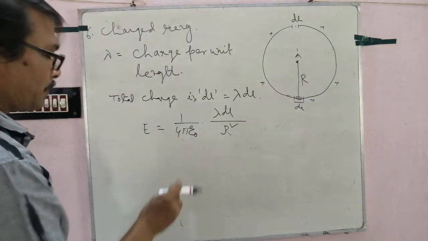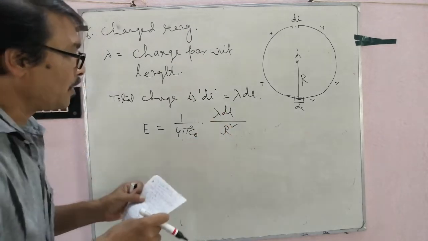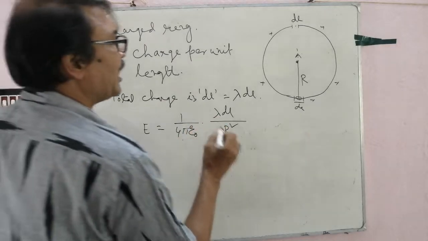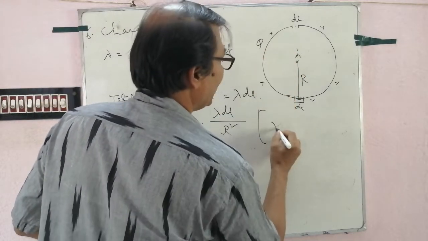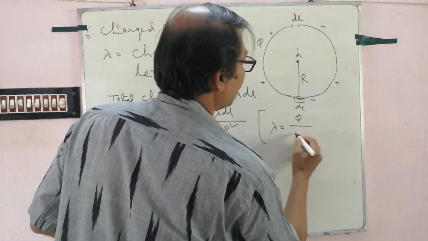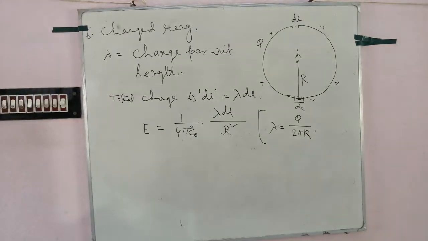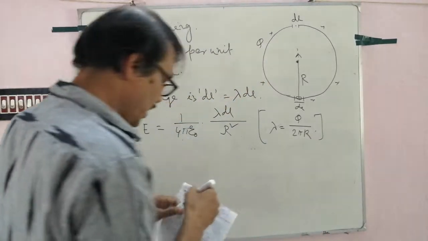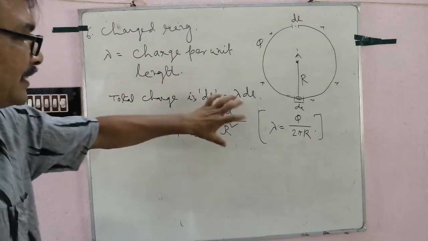So the field equals 1 by 4 pi epsilon naught, lambda dl by r square. If you put in the value of lambda, with total charge q, then lambda equals q by 2 pi r. If the question gives lambda as the charge per unit length, then this is the expression.